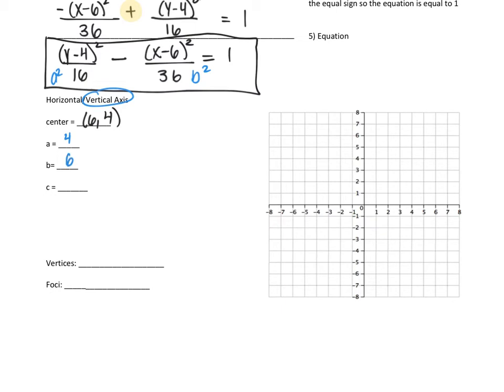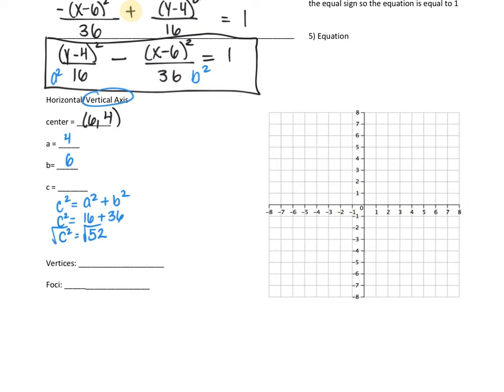To find the c value, we're going to take c squared equals a squared plus b squared. A squared from the equation is 16. B squared from the equation is 36. So we can say 16 plus 36, and that gives us 52. And we take the square root of both sides.